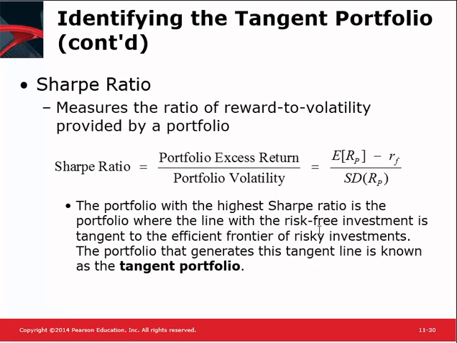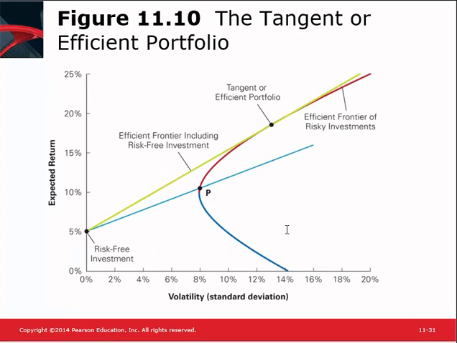You want to maximize this risk-adjusted reward to volatility ratio. You want to get the most that you possibly can. But our choices of investments are, you can invest in the risk-free asset, or you can also invest in risk-free plus any combination or any asset that's in this universe of possibilities.